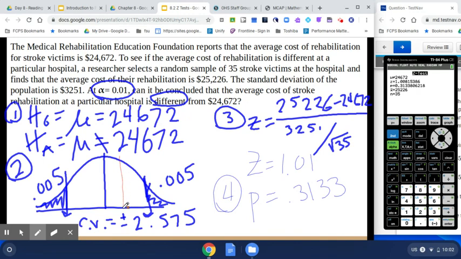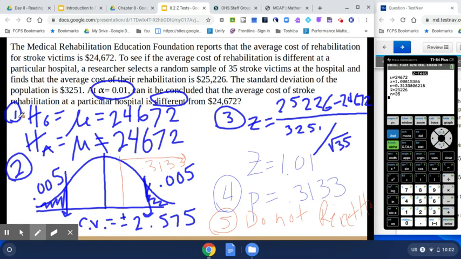So that's where my test statistic falls. My probability that I would get a value that large or larger is 0.3133. We see that that is bigger than the alpha value. So again, I am going to do not reject the null hypothesis.